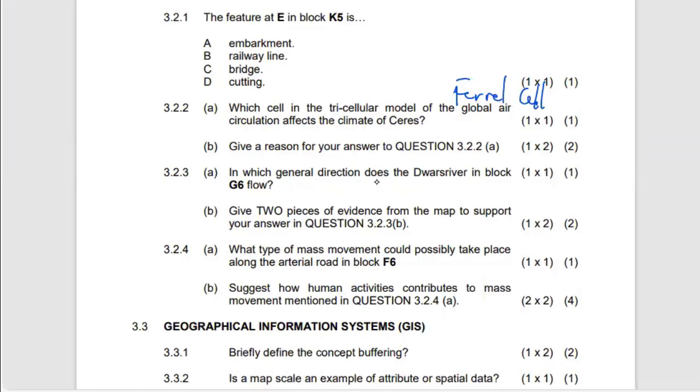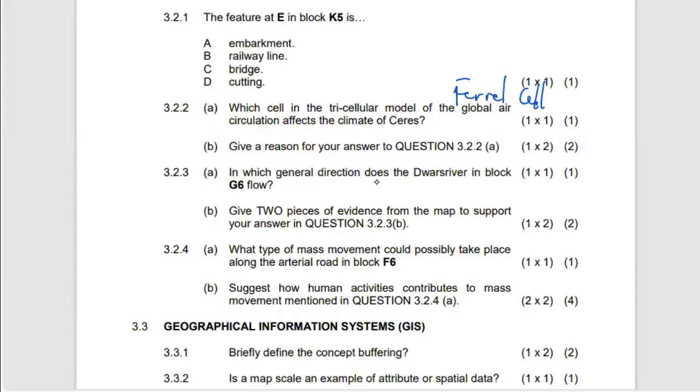If you check the latitudes of South Africa and compare them with those circulation cells, you find that most of the places fall inside the Ferrel cell. The Hadley cell is towards the equatorial region, then the Ferrel in the mid-latitude regions, and then the polar cell close to the polar regions, after the subpolar region. So South Africa is predominantly inside the mid-latitude region, and it is affected by the Ferrel cell.